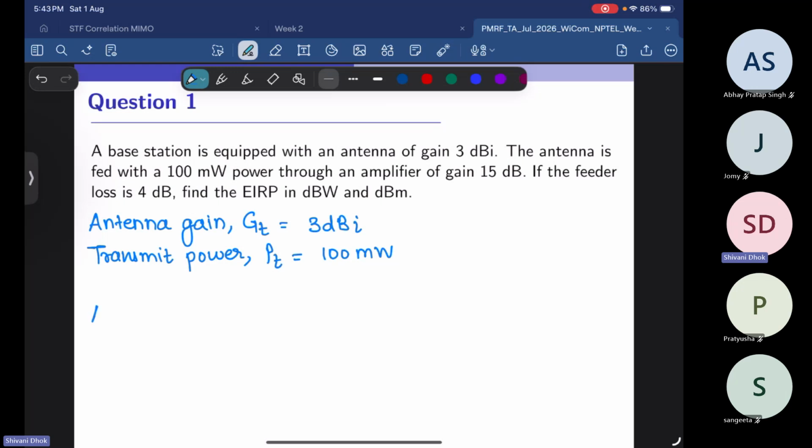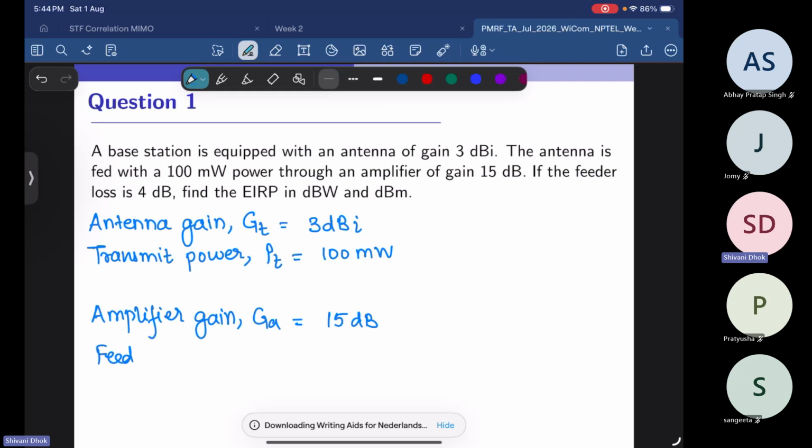So then you have an amplifier with gain that is 15 dB. If the feeder loss is 4 dB, what do we want to find? We want to find EIRP in dBW and dBm.